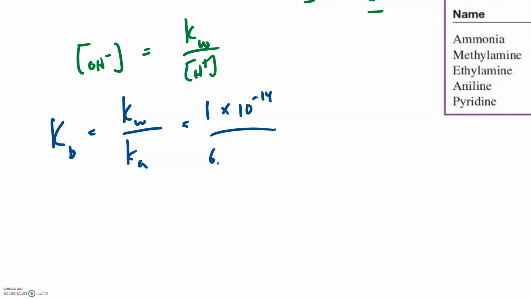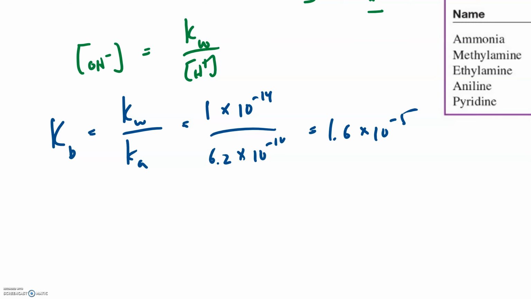What's our Kb? Let's take out our calculator: 1 times 10 to the minus 14th divided by 6.2 times 10 to the minus 10th. We get a Kb of 1.6 times 10 to the negative 5th. That's it. All you need is a starting concentration, and you can calculate the pH.